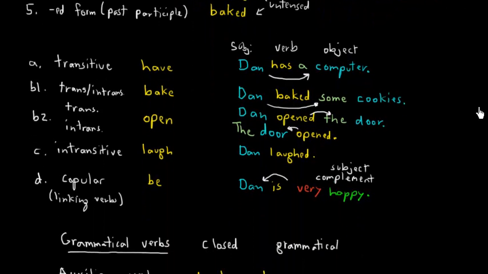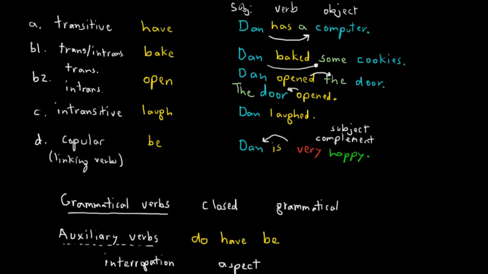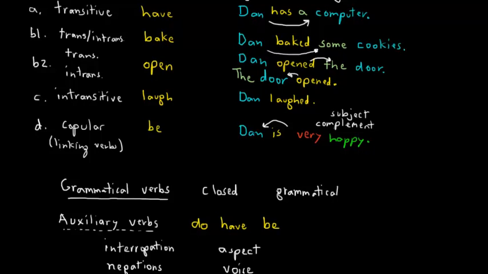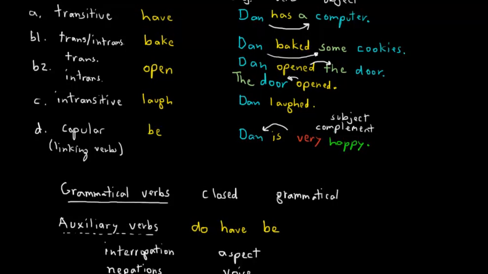You have transitive, that transfers the action from the subject to an object. You have intransitive, which doesn't, and then you have in various flavors verbs that can be either intransitive or transitive. And then you have the copulars, which give you a state, and they provide a construct that lets you provide more information about the subject.